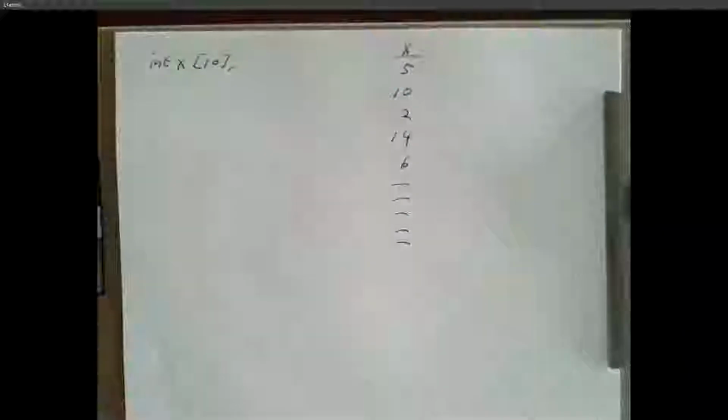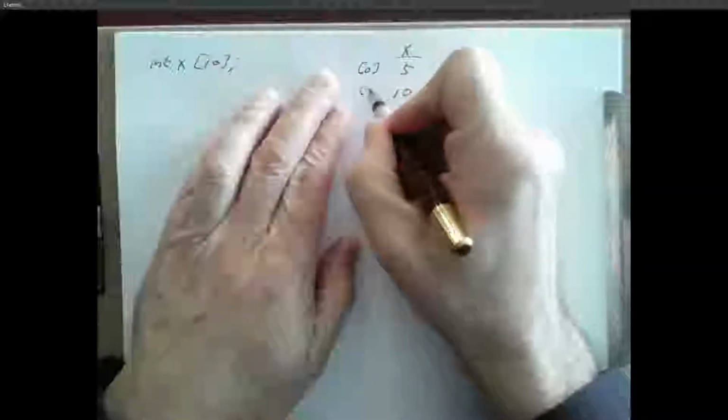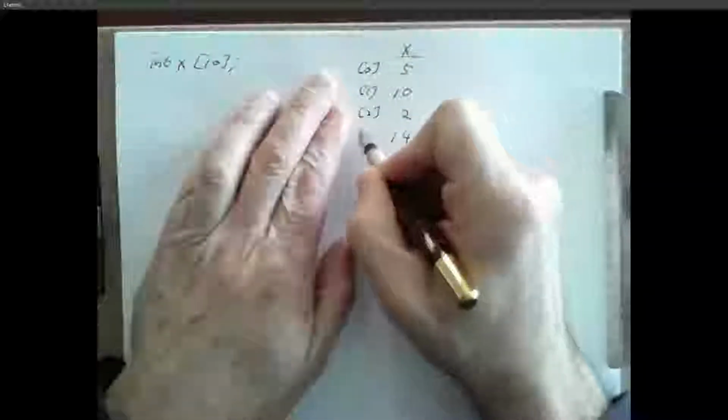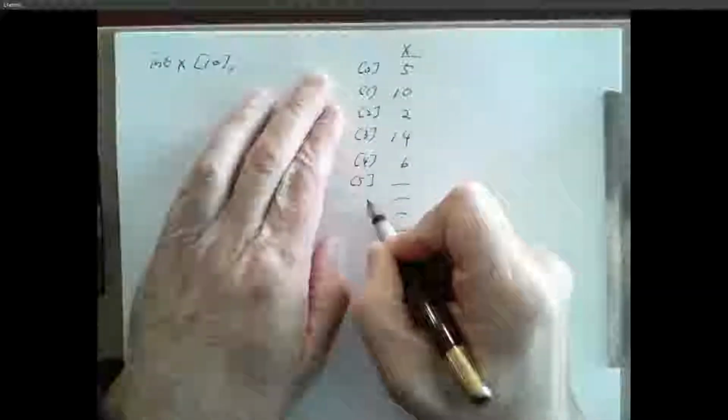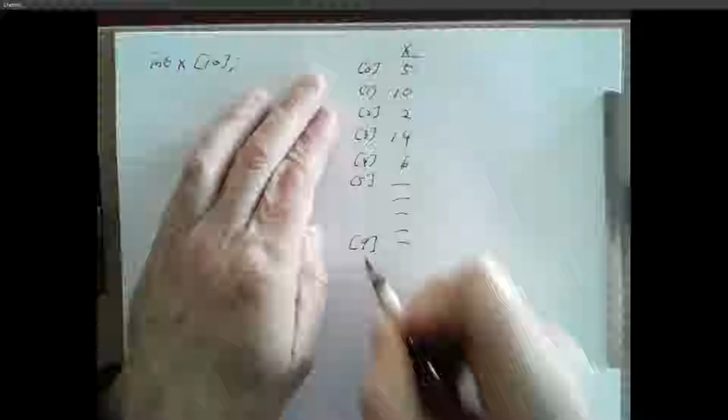Suppose we have 5 things in our array. And I'll throw some indices here. All right, so we've got 5 numbers stored in our array. They're not stored in any particular order.